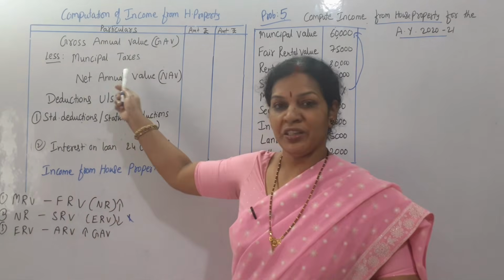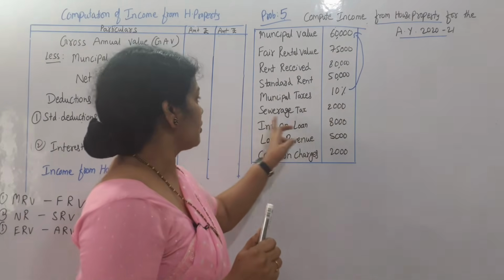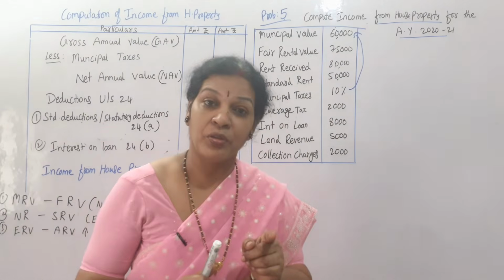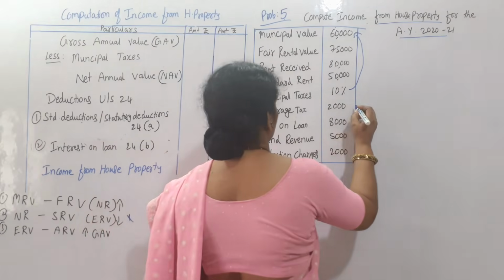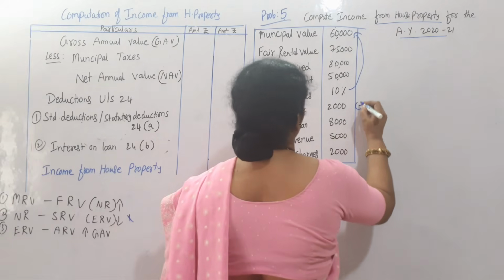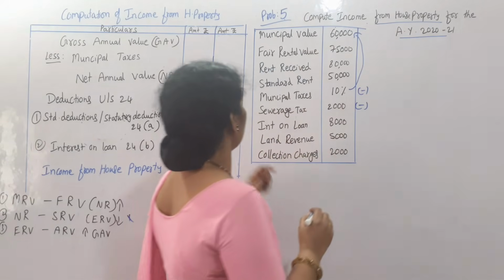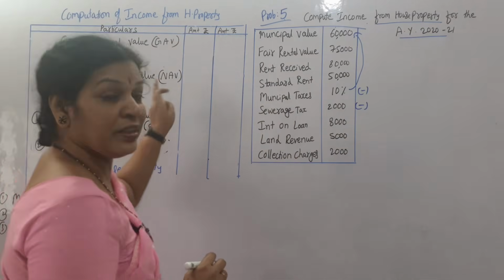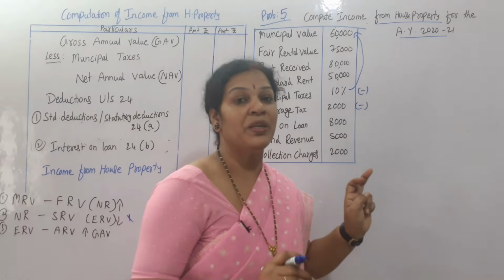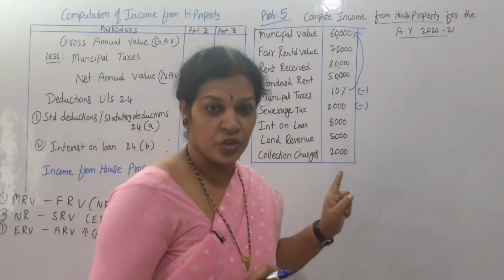Next, sewerage tax is also related to the municipal, so we are going to deduct this as well. Both we deduct from the GAV, and after deducting these two we get the net annual value, NAV.